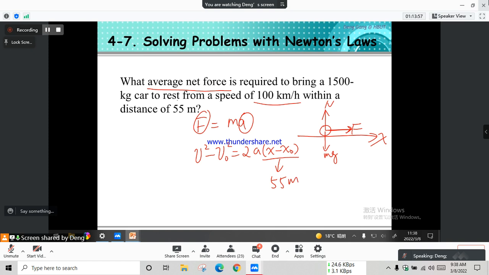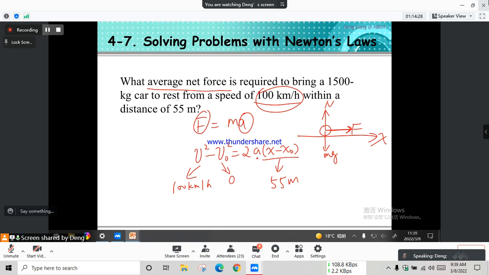And from rest, so v0 is 0, and v is 100 kilometers per hour, and you need to change it into meters per second. So we can calculate a and substitute a into here, we get F. So that's how we solve this.